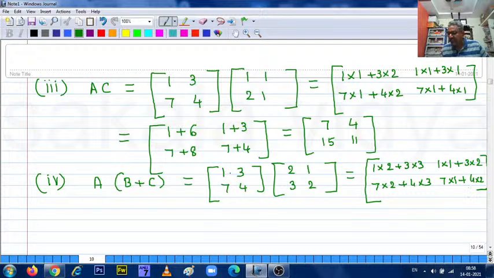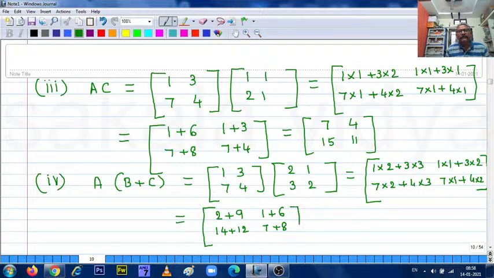Let us simplify. Now what do we get? 2 plus 9, 1 plus 6, 14 plus 12, 7 plus 8. Now this equals 11, 7, 26, 15. Say this is equation 1.